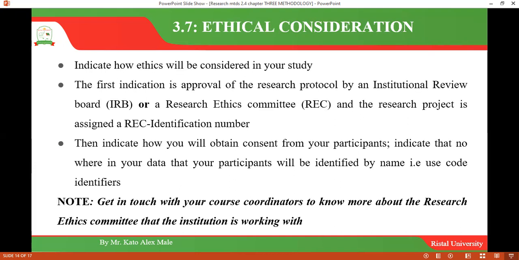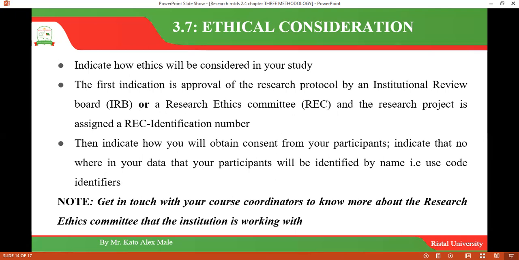Good. Then 3.7 is ethical consideration. Indicate how ethics will be considered in your study. The first indication of ethical consideration is seeking approval of the research by an institutional review board or a research ethics committee, and the research project is assigned a REC identification number.